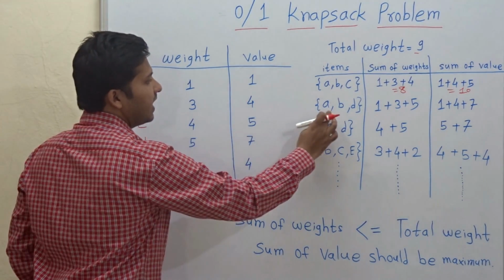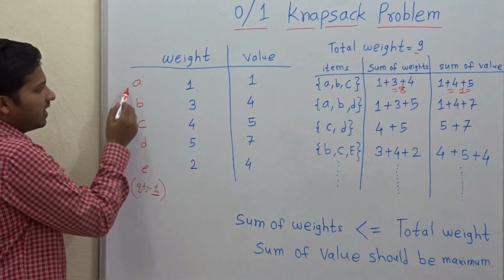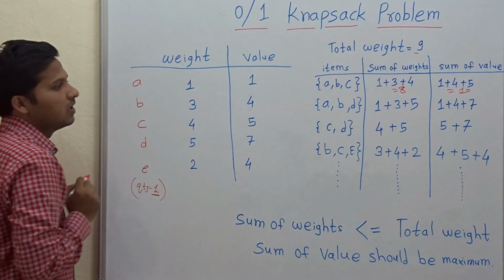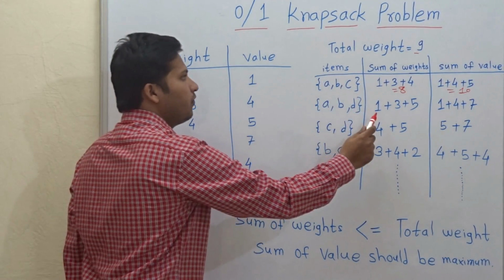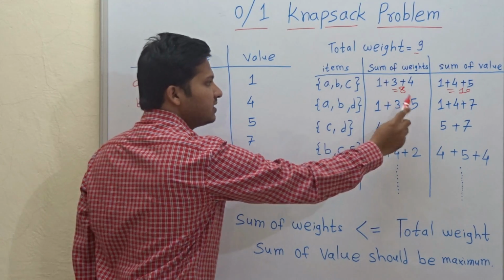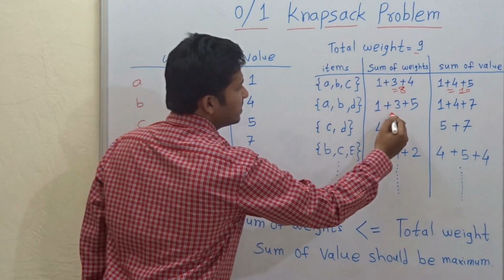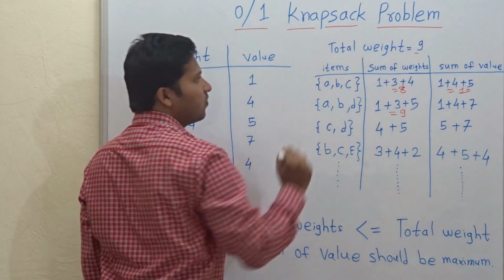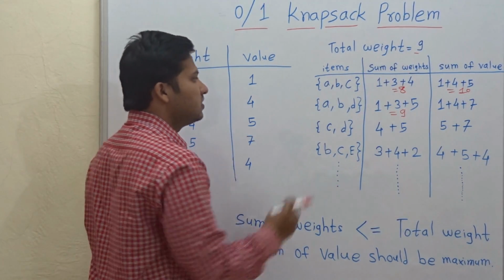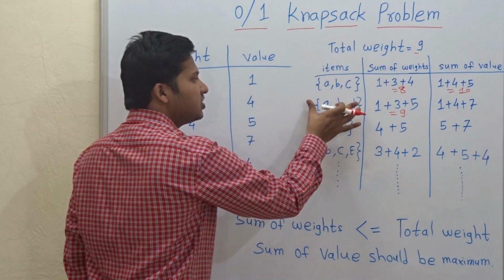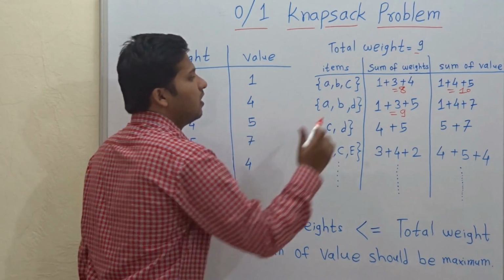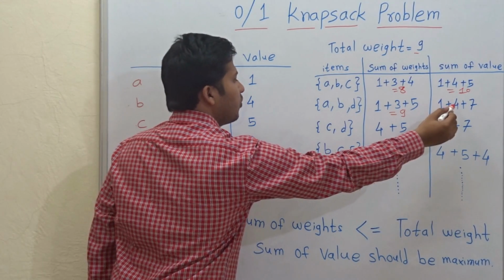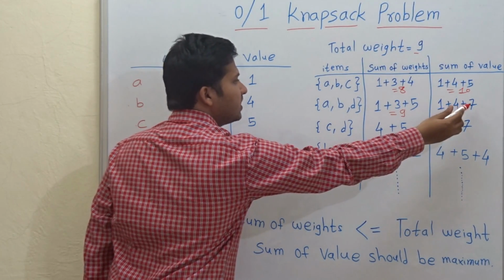Suppose we select A, B and D. Now the sum of weights is 1 plus 3 plus 5, which means the sum of weights is 9, and 9 is less than or equal to 9. So this combination or this selection is allowed, and the sum of values is 1 plus 4 plus 7.